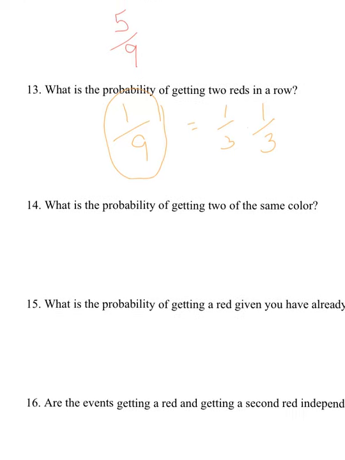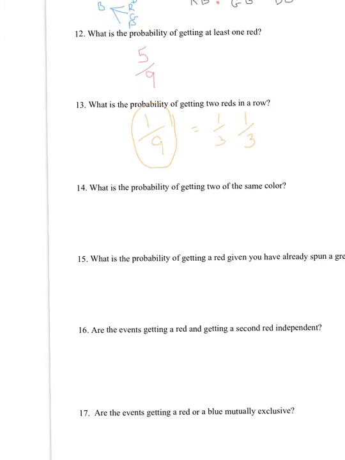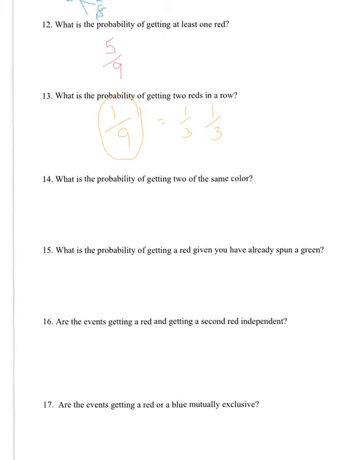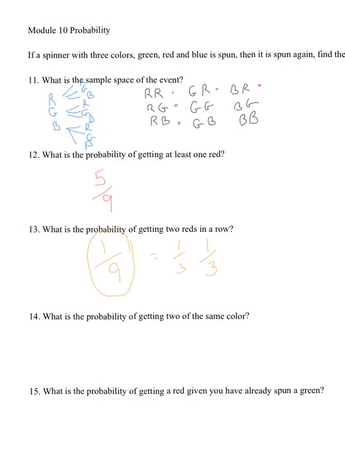All right, moving on to problem 15, it says, what is the probability of getting a red given you already have spun a green? So it's saying I have spun a green, and what's the chance of getting a red? Okay. So if I spin a green on my first spin, so I've spun a green. So if I look at my outcomes, I've spun a green already, so I know the only ones that would count are one of these 3 outcomes.